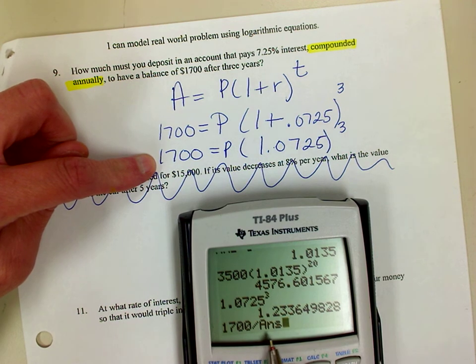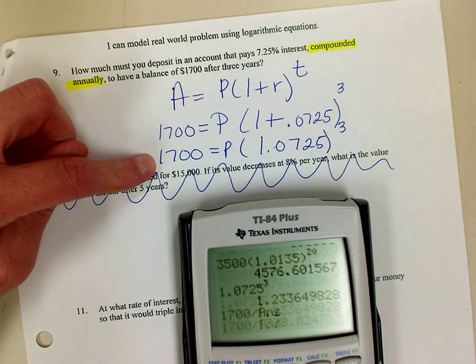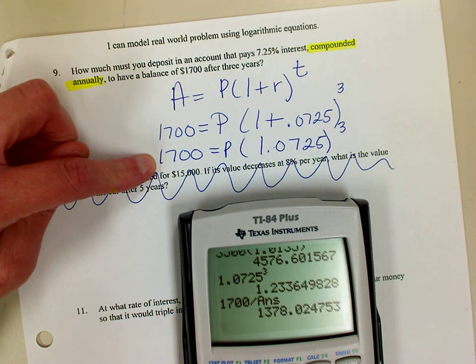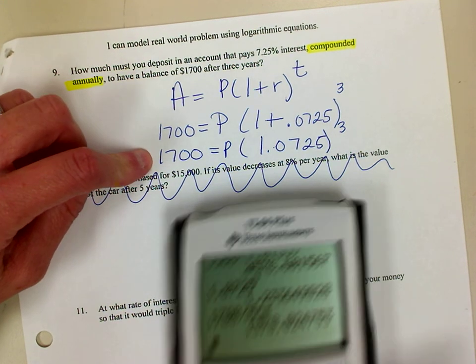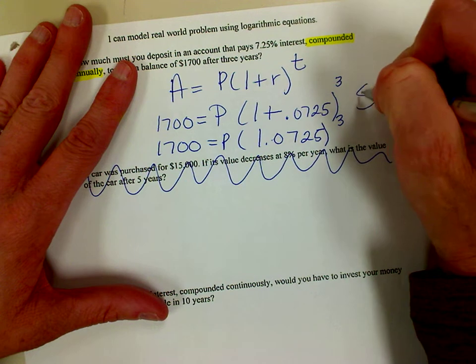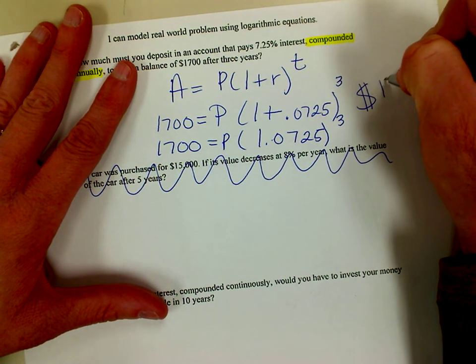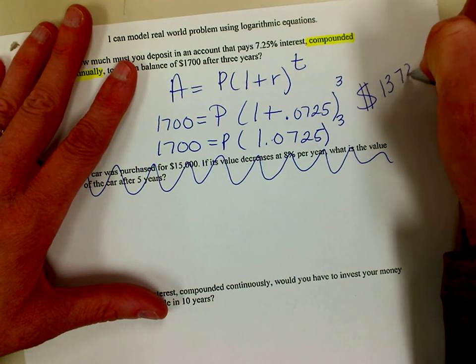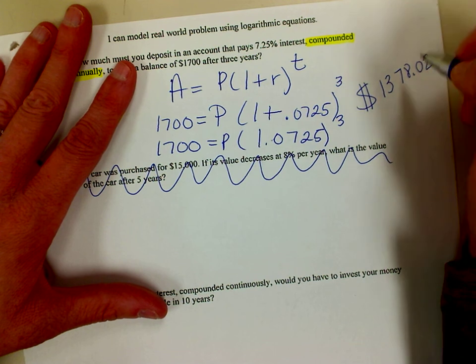To get the previous thing, you just do second negative, and that is my final answer. This is how much money you should deposit, which makes sense because it's smaller than what you end with. So we need to start off with $1,378.02.